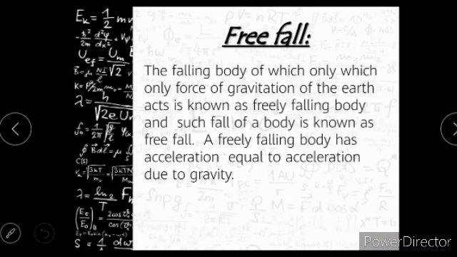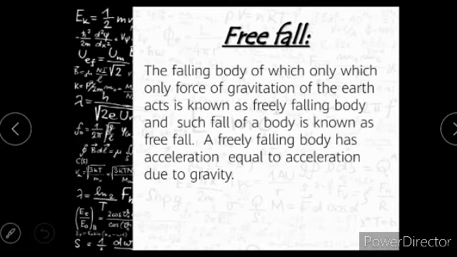Now, what is free fall? A falling body on which only the force of gravitation of the earth acts is known as a freely falling body, and such a fall is known as free fall. A freely falling body has acceleration equal to acceleration due to gravity. I told you in the last slide that if you simply leave a pen, it will fall with some speed.